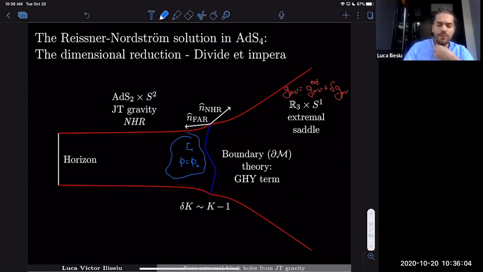And then what I can do is take my metric in the faraway region and expand it around not the near extremal solution, but the extremal solution, and include some variation, delta g_mu nu. And it turns out that if you take this metric, plug it in your action, and expand in delta g_mu nu, you find that to leading order, the contribution of delta g_mu nu is given by a total derivative in the action. The lucky thing is that we can integrate that total derivative by parts.